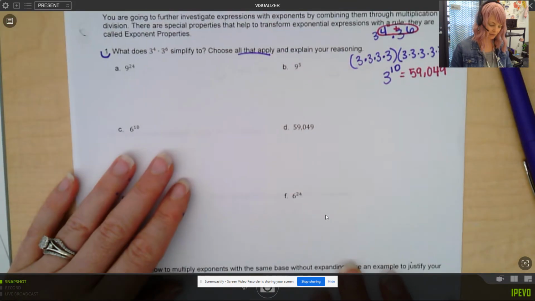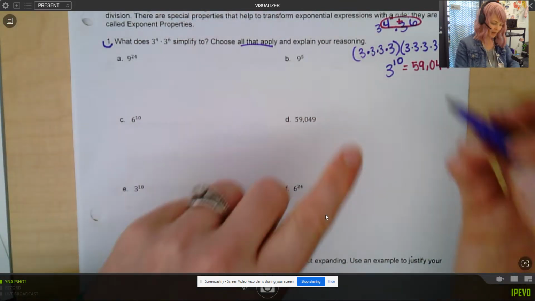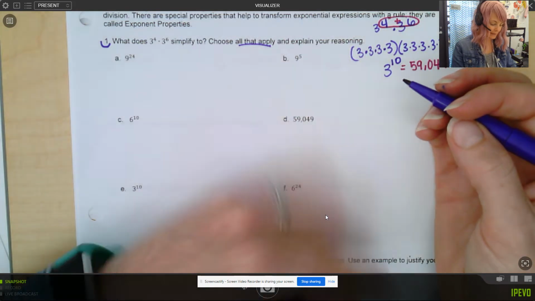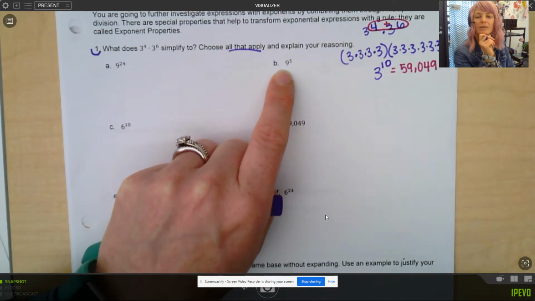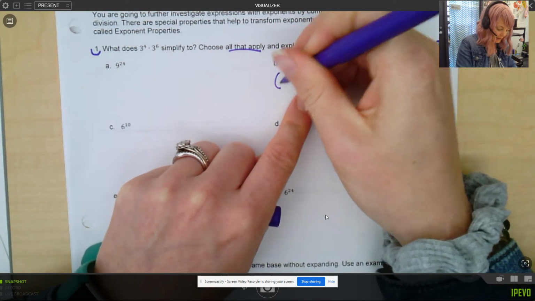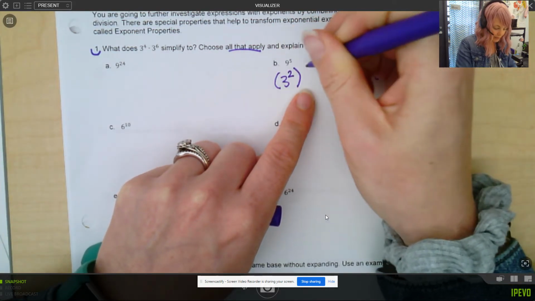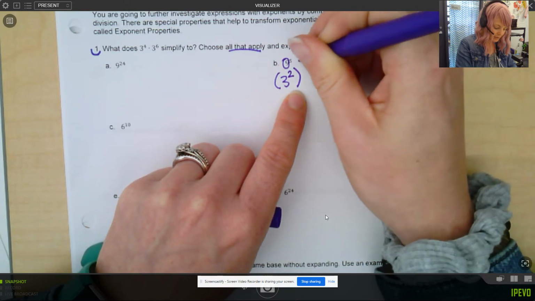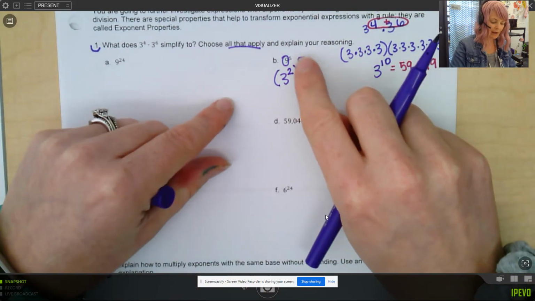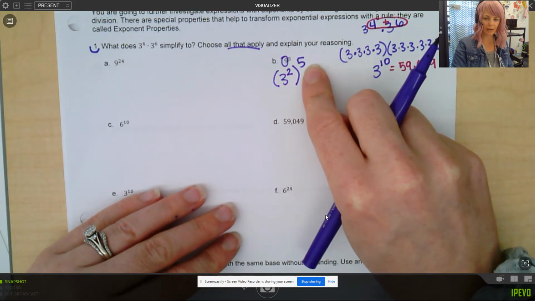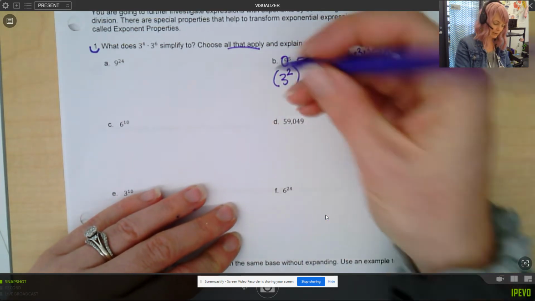Okay, so let's take a look here. I know 9 to the 5th power. Well, what's 9? 9 is 3 squared. So this is 3 squared to the 5th power. Think about this. Look up high at your exponents, how many times you multiply. What's your base here now? It's 3 squared.